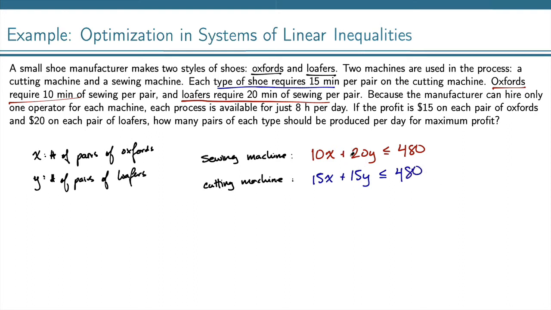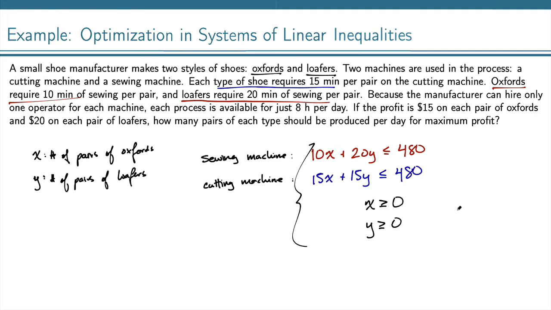So I've got this system here of inequalities. And because my variables represent physical quantities, we should probably indicate that X and Y both have to be greater than or equal to 0. The manufacturer cannot manufacture a negative number of pairs. So this here is our system of inequalities.